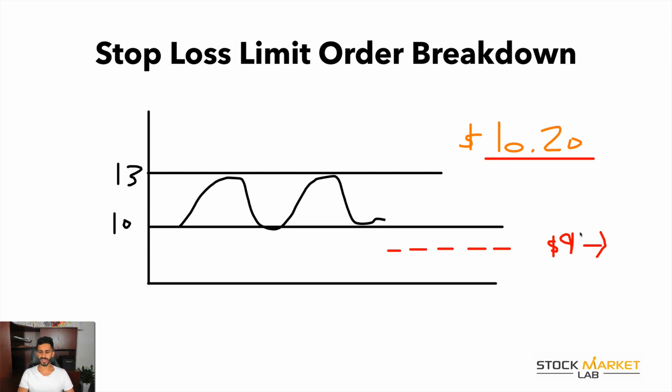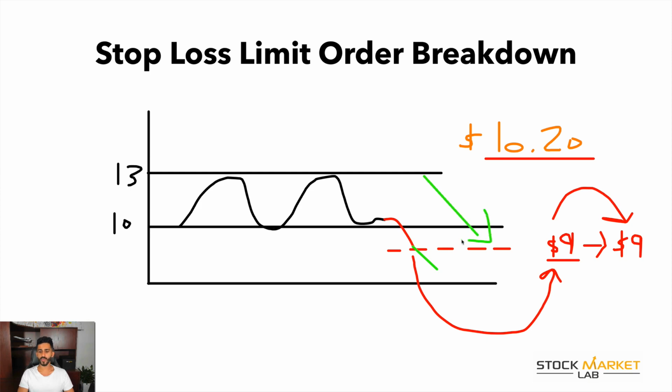So for example, let's say I put $9, and here I also put 9. Now what this means is if the stock goes to 9, that will trigger my order, and my order will look to sell at 9. But if the stock aggressively goes below 9 very fast, at times I may not be filled because of how quickly it went below 9.